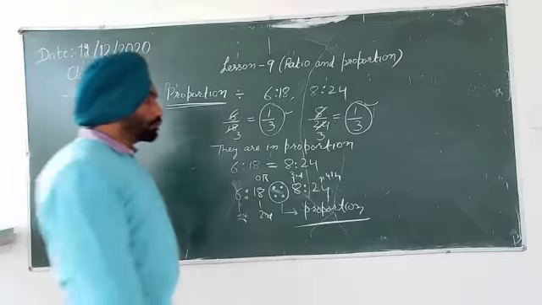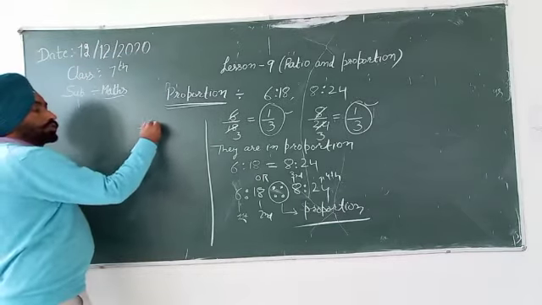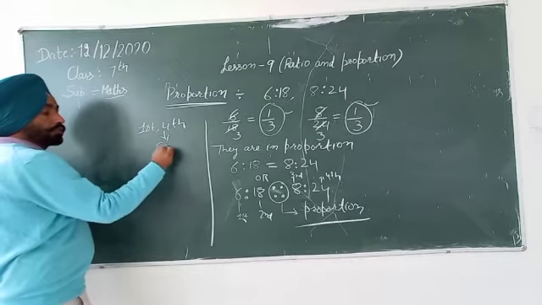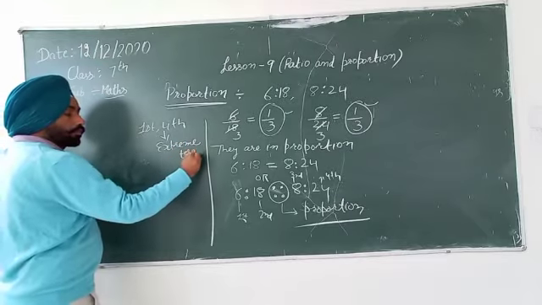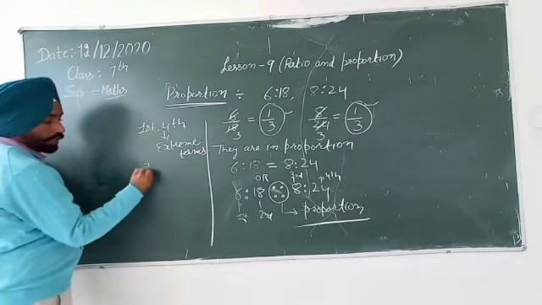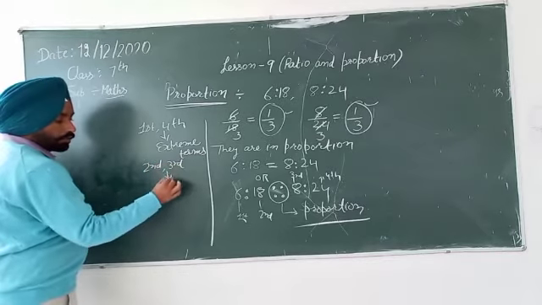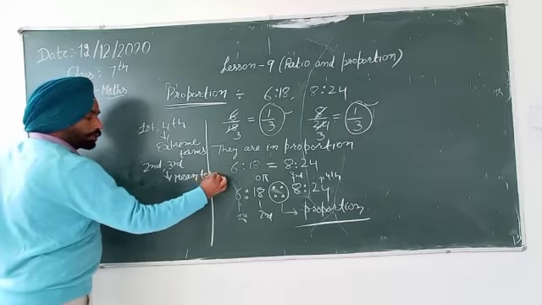First and fourth terms are called extreme terms. And second and third are known as mean terms.